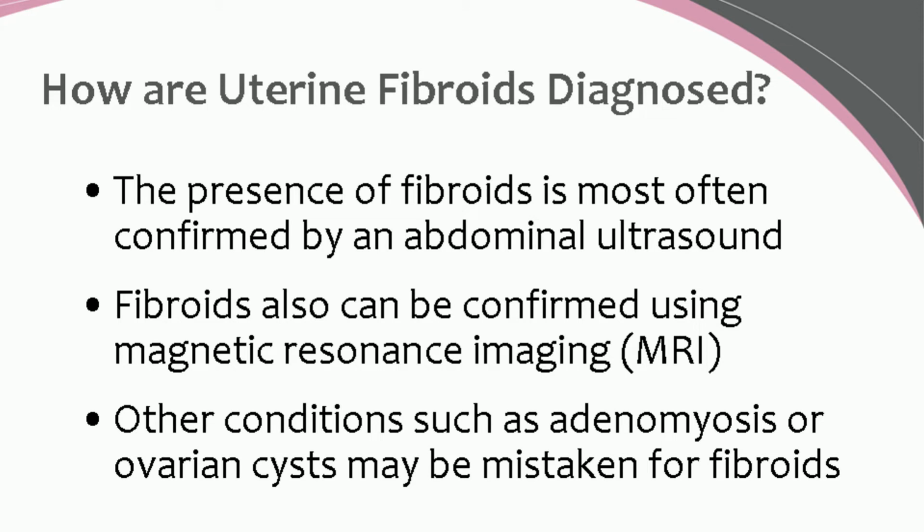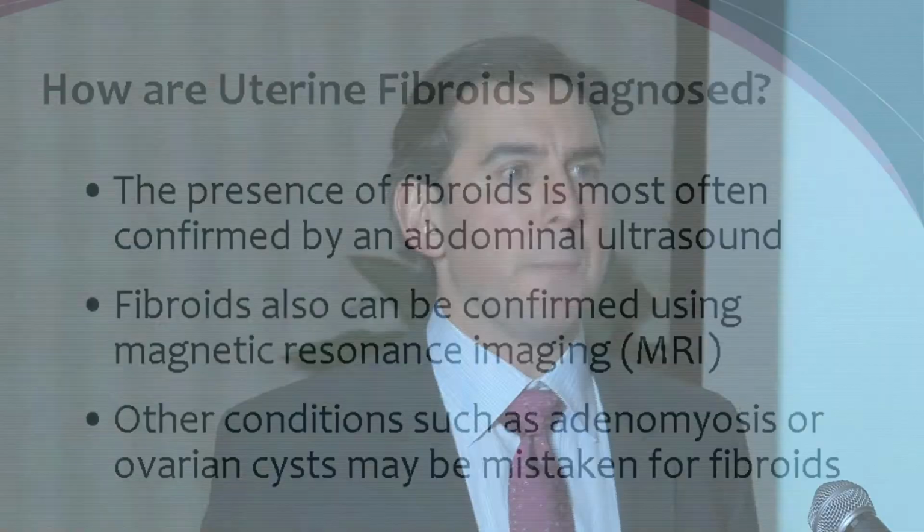A pelvic ultrasound is more of a screening test, but the best test for fibroids is an MRI. An MRI can really visualize exactly where each fibroid is. It can also differentiate between fibroids and some other diseases. Specifically, there's a disease called adenomyosis, which mimics the symptoms of fibroids, heavy bleeding and bulk symptoms, but it's different, and it really can only be diagnosed with MRI.